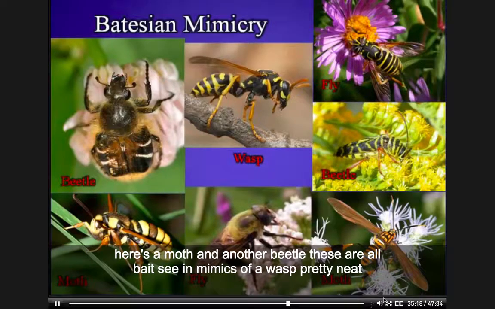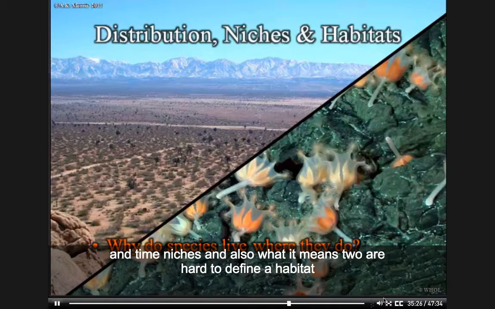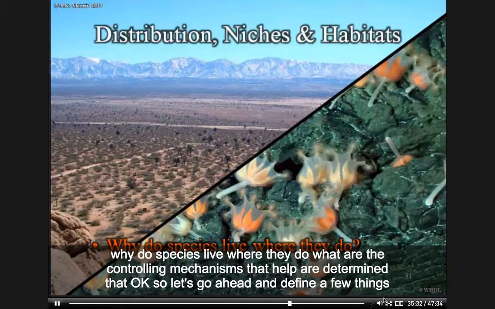Pretty neat. Okay, let's switch gears now and talk a little bit about the distribution of organisms across space and time, niches, and also what it means to define a habitat. Why do species live where they do? What are the controlling mechanisms that help determine that? Okay, so let's go ahead and define a few things.